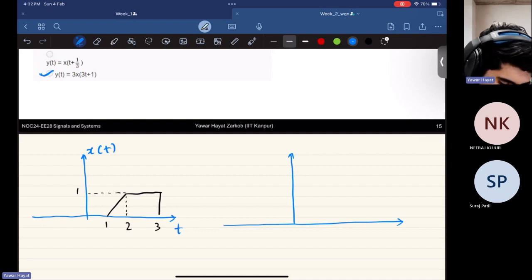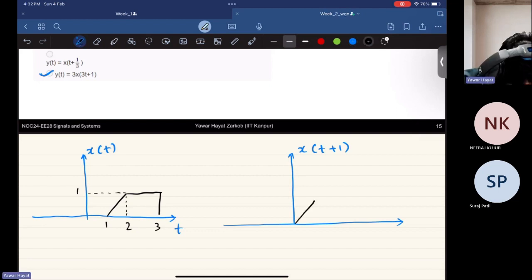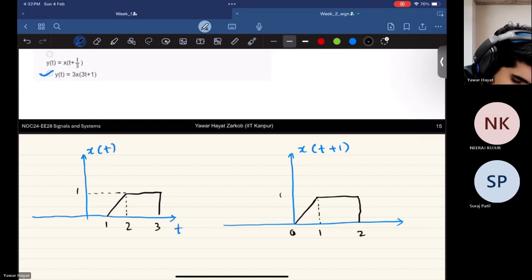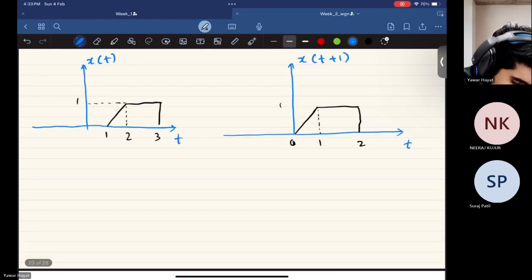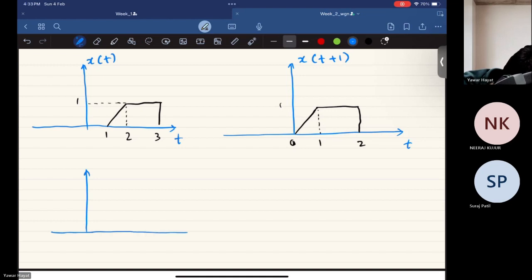So we'll advance this signal by 1 unit. x of t plus 1. That would give us the following signal. Then we'll write this y of t. What is y of t?